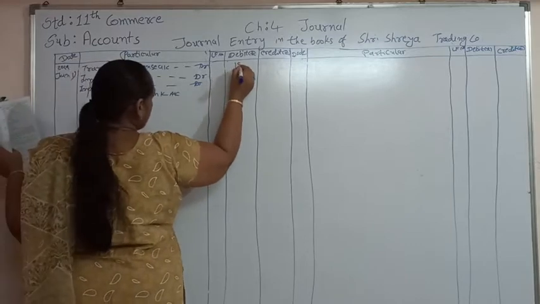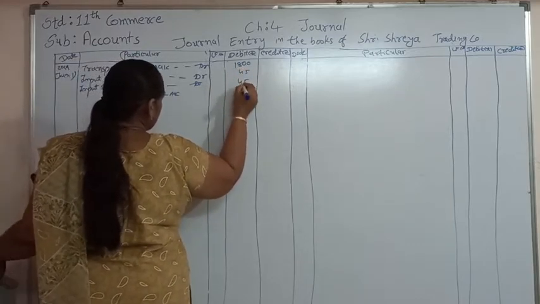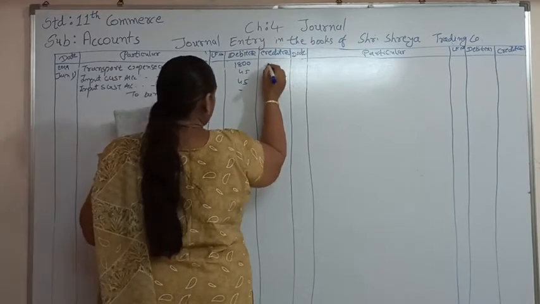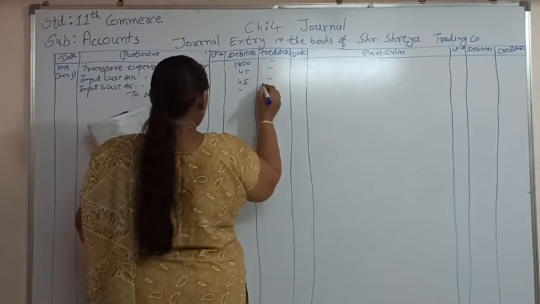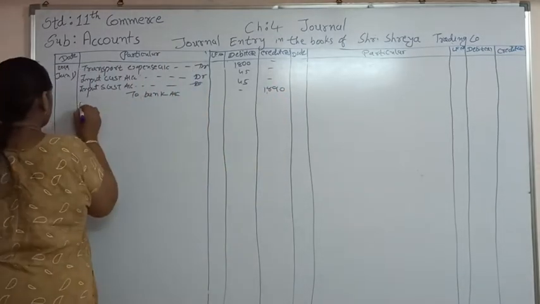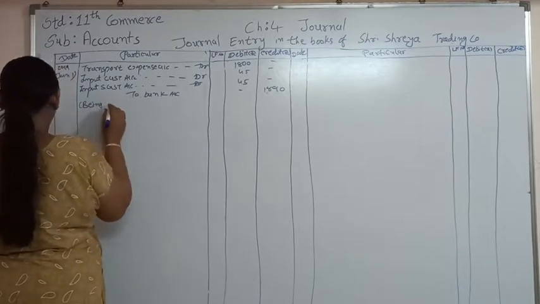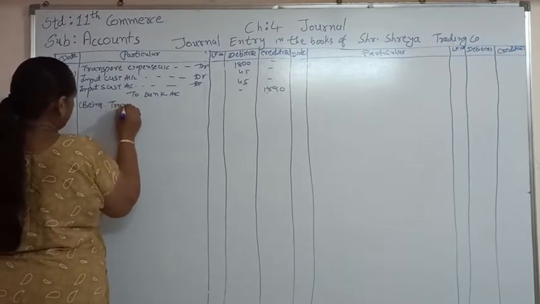Here 1845 rupees, and total will be 1,890 rupees. Being transport expense paid.